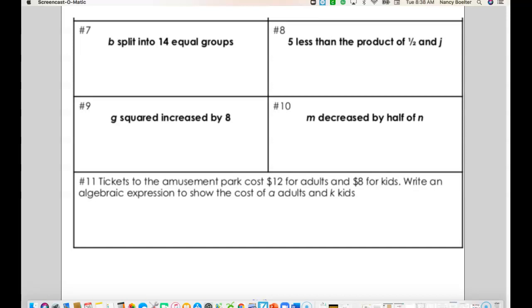Okay, number 7 says B split into 14 equal groups. So that means we're going to take B divided by 14. You could write it B divided by 14 or B over 14. Number 8 says 5 less than the product of 1/2 and J. Less than, remember that's one of those switch phrases, so that's going to become last.